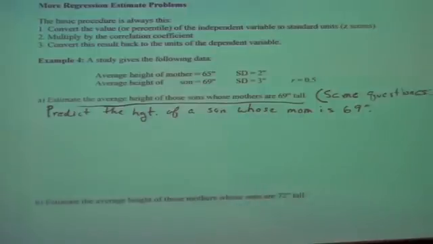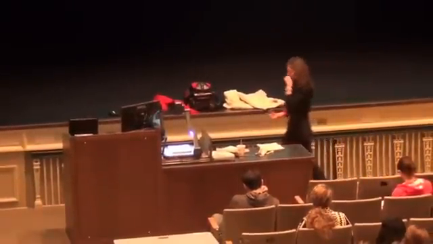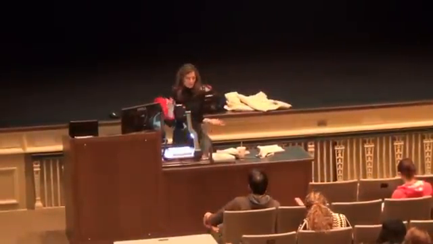It's the same thing. Because estimating the average height of all the sons whose mothers are 5'9" is exactly the way that you would make an individual prediction for a particular son of a particular mother.